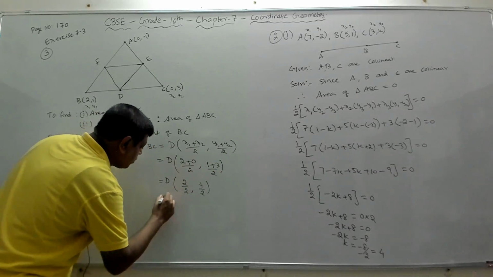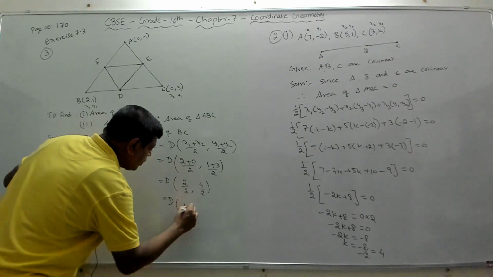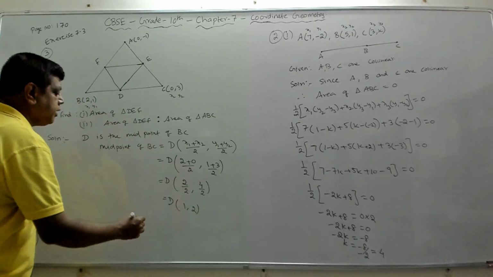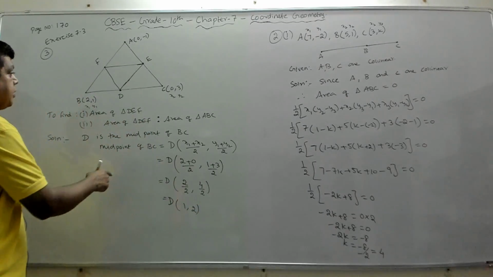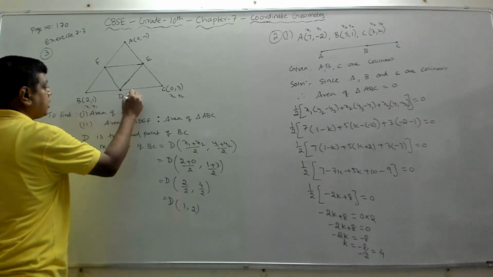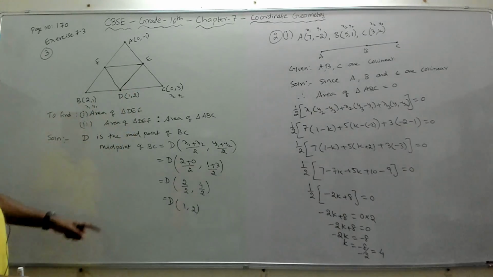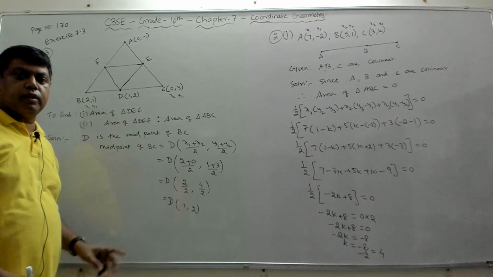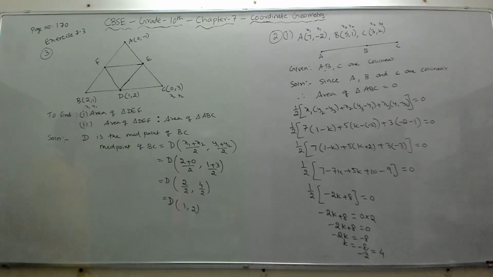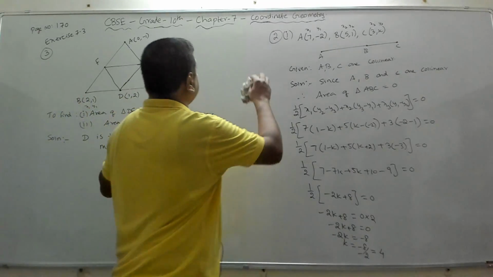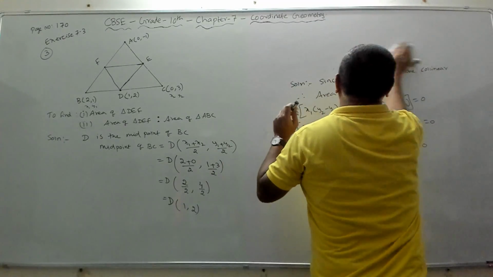So that gives you your point D as (1, 2). This is your point D, which is the midpoint of BC. We have found the point D because D is the midpoint of BC, as given in the question. So similarly, we must find the midpoints E and F. Let's try to find that.